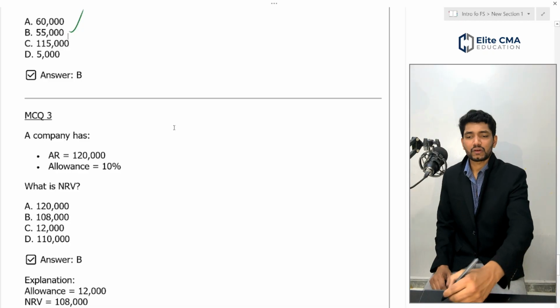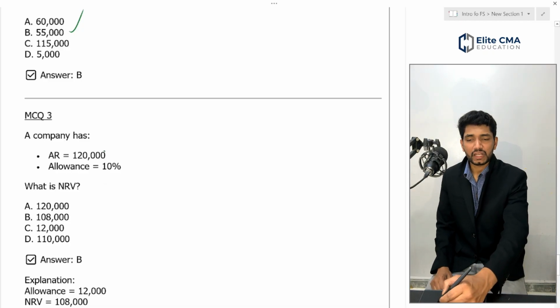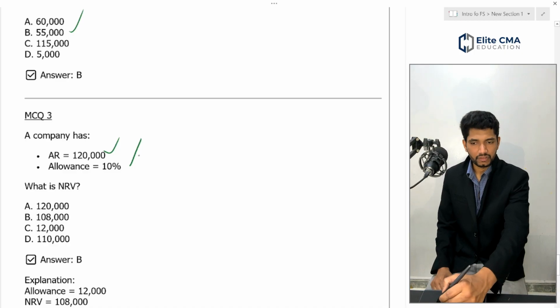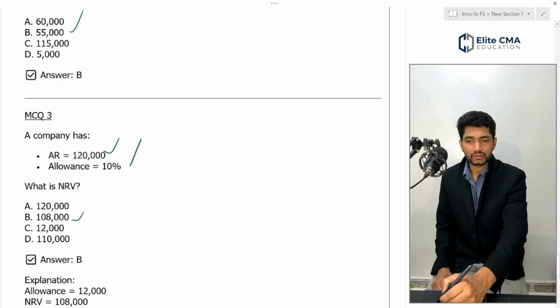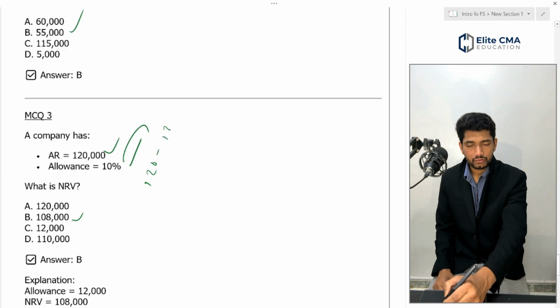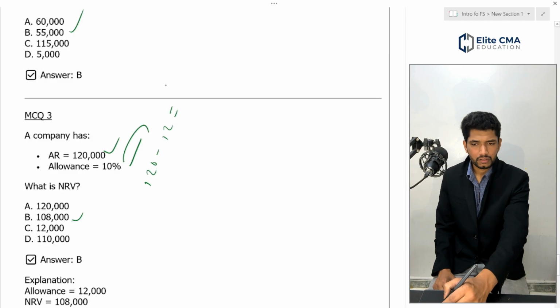A company has account receivable of 120,000 and allowance is 10%. What is the net realizable value? It is 108,000. That means you have to reduce the allowance of 12,000 from 120,000 to calculate the net realizable value. That is 108,000.